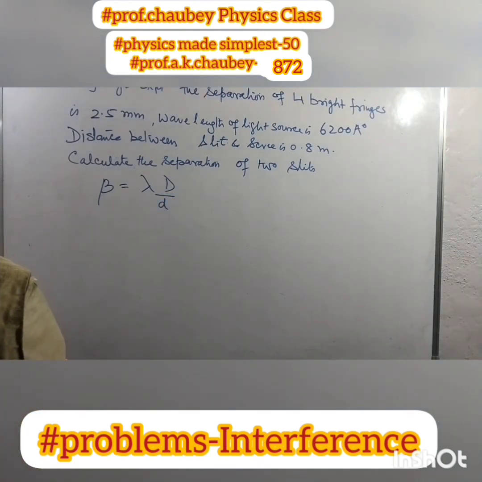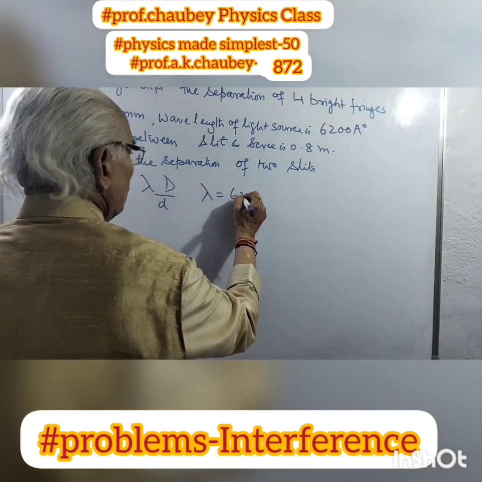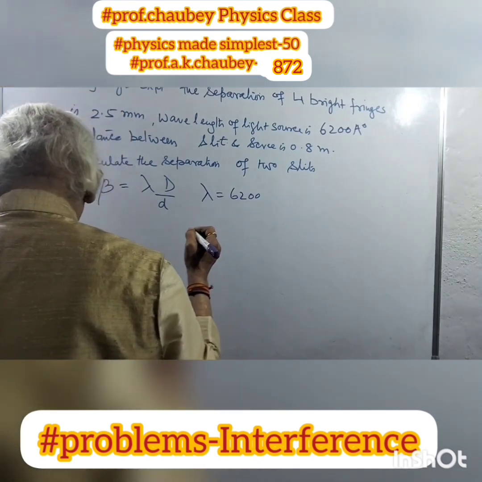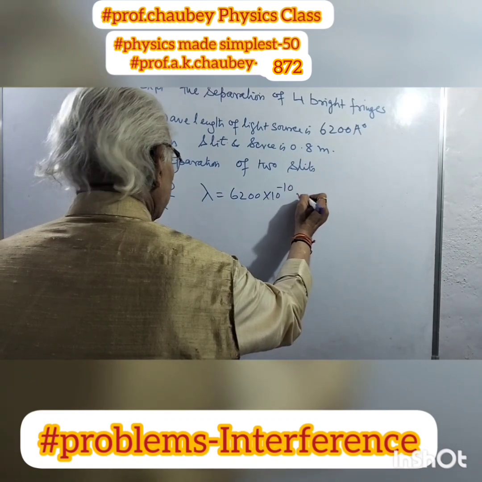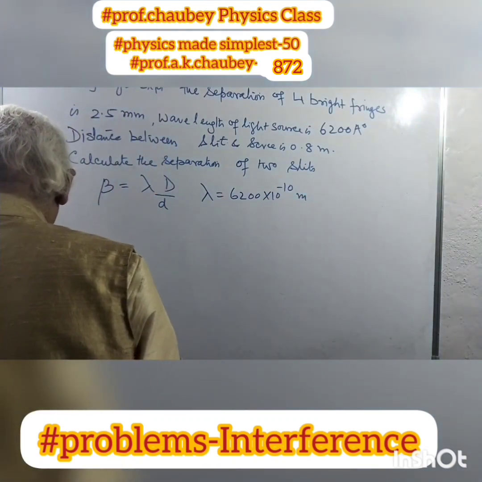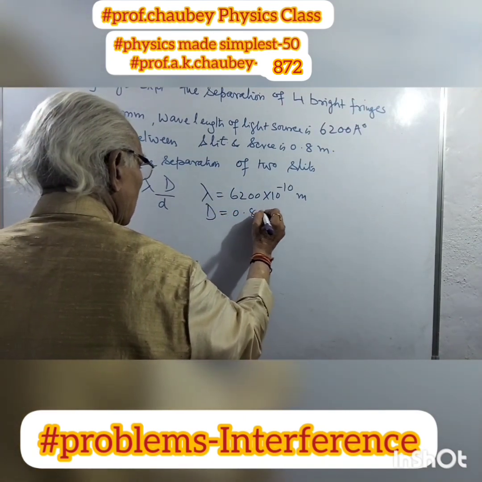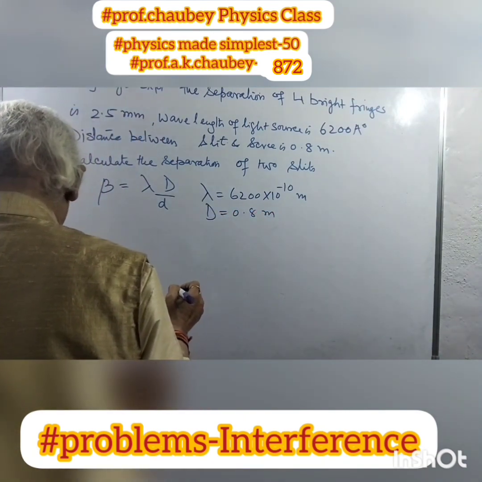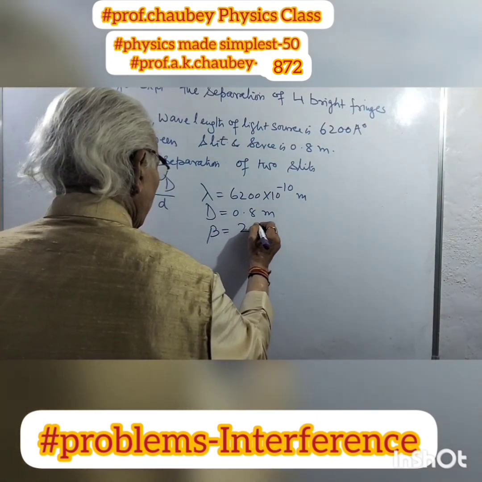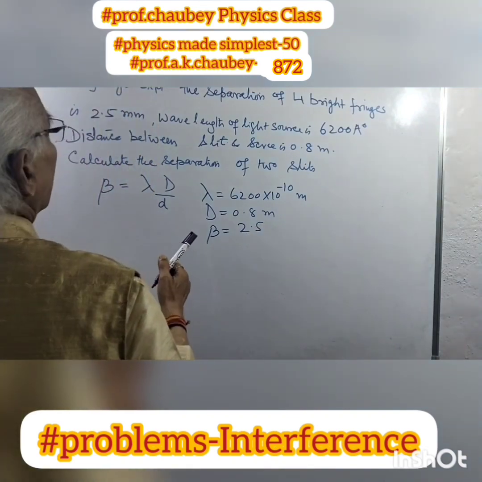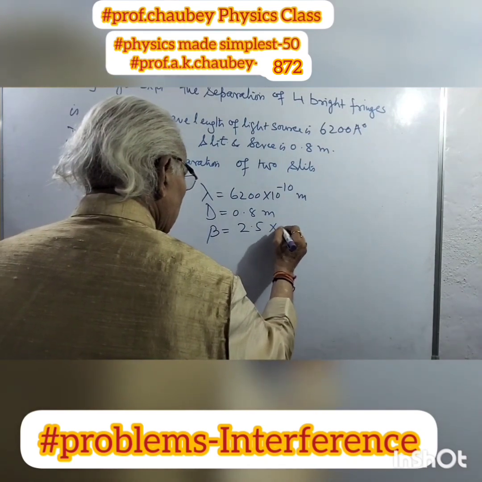Lambda is 6200 angstrom, so 6200 into 10 to the power minus 10 meter, D is 0.8 meter, and beta is 2.5 millimeter, so 2.5 into 10 to the power minus 3.